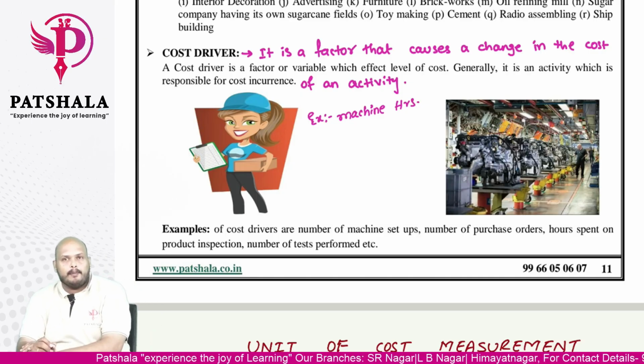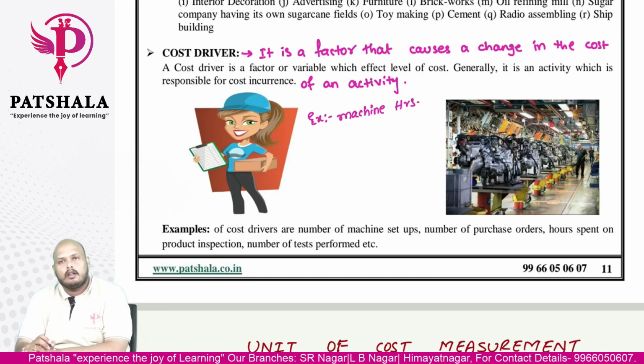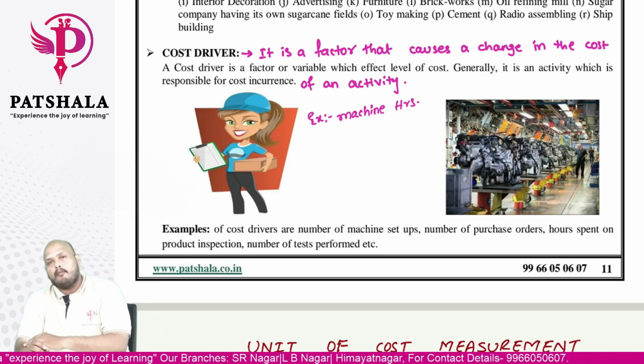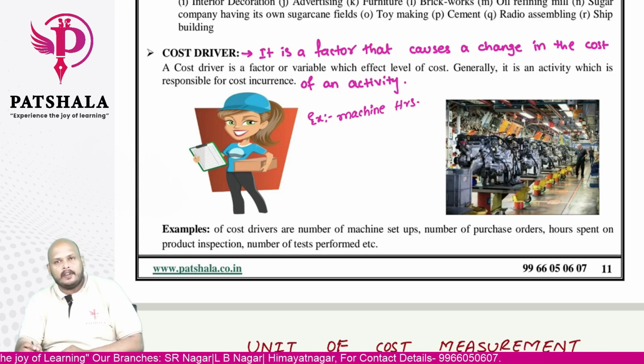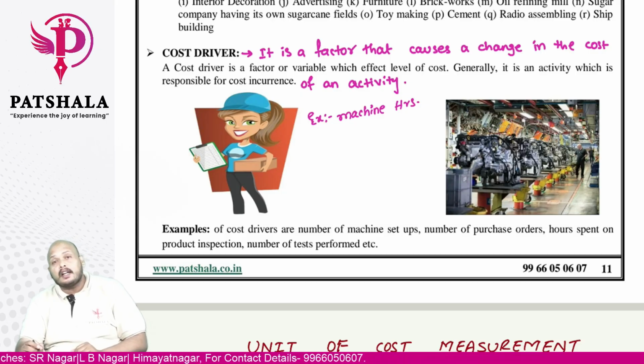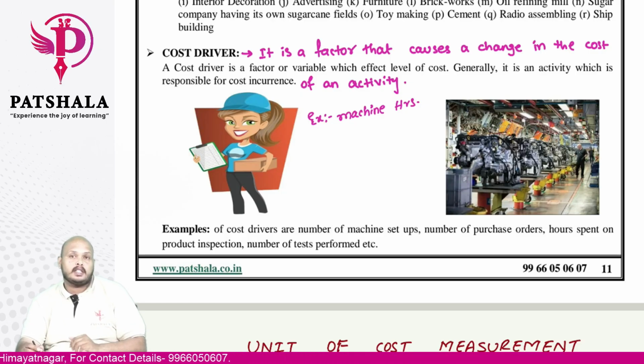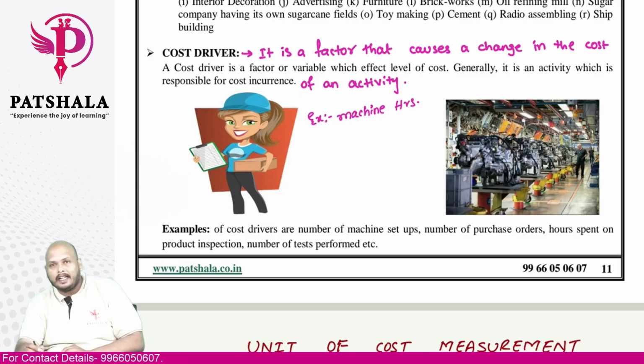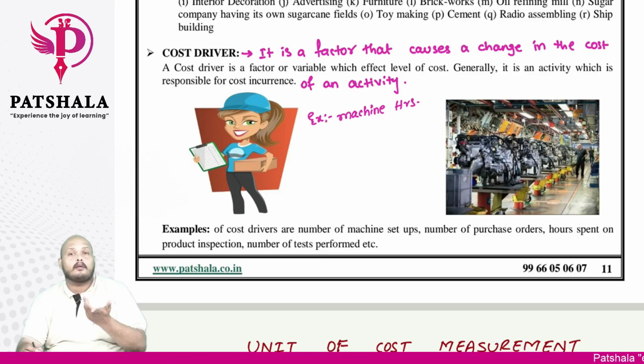If a worker is working on the machine for more hours, definitely we have to pay more wages to the workers. Second thing is repairs and maintenance for the machine also will increase, because the machine is working for longer hours. And again, electricity consumption or electricity bill also will increase, because the machine is working for more hours.